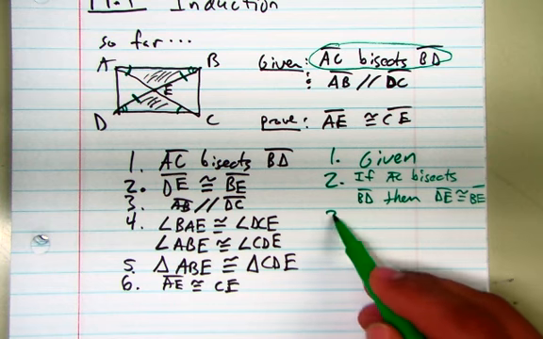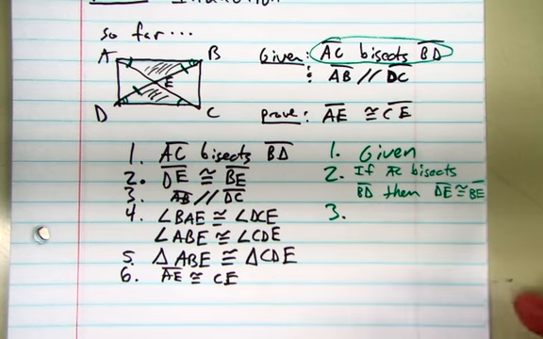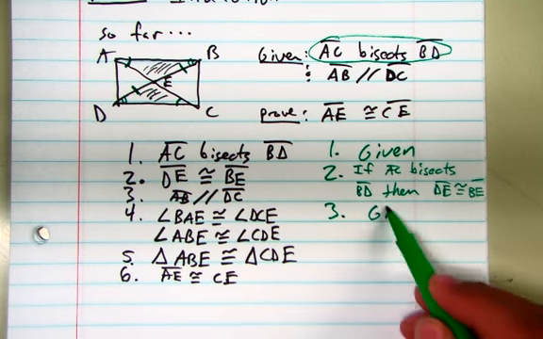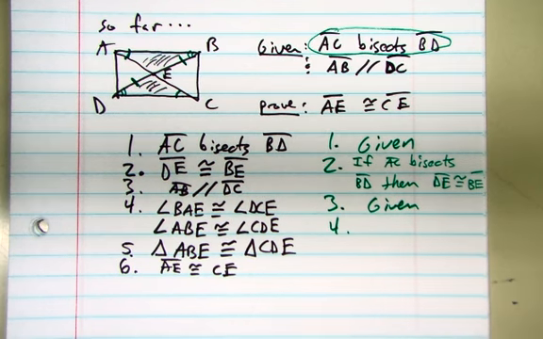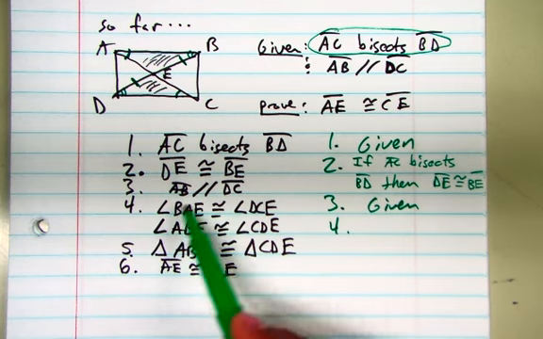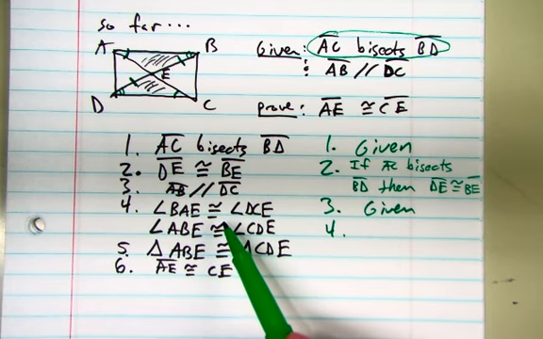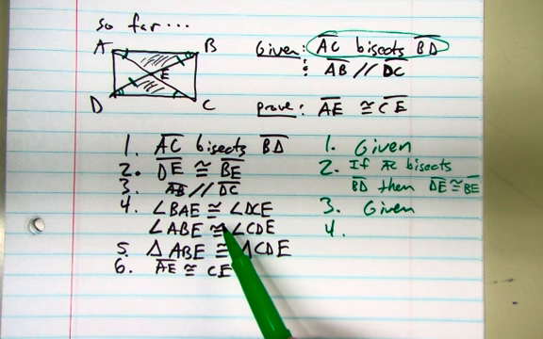Step 3, that was given. Step 4, these angles were congruent because, not opposite, but alternate.